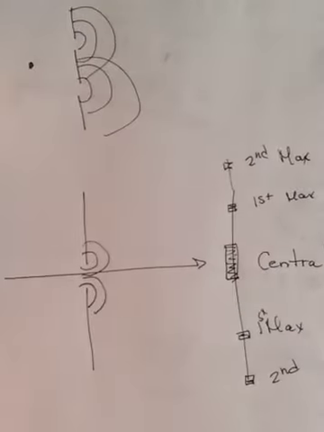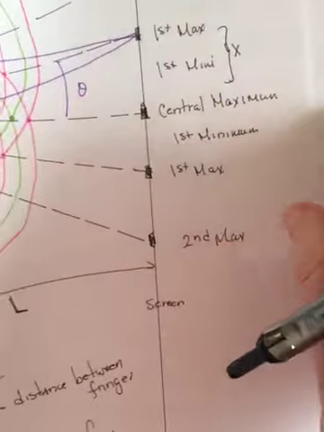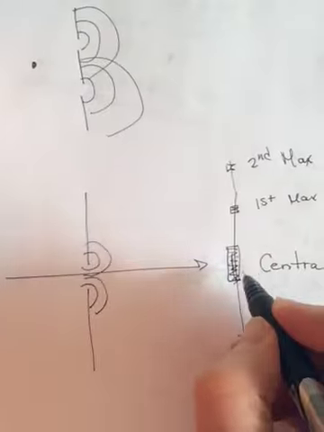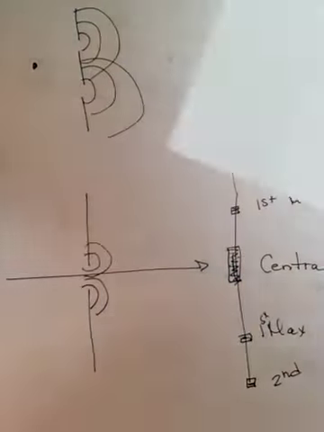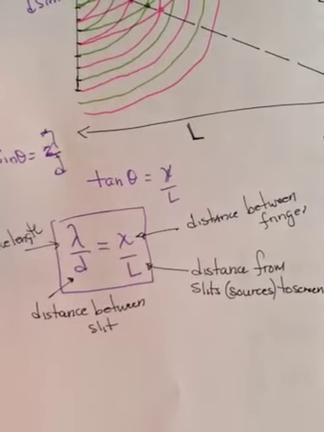Okay? So a double slit, they do get weaker as they go out, but most of the light, because it's traveling straight through, will be at the central one, and these ones will be significantly weaker.